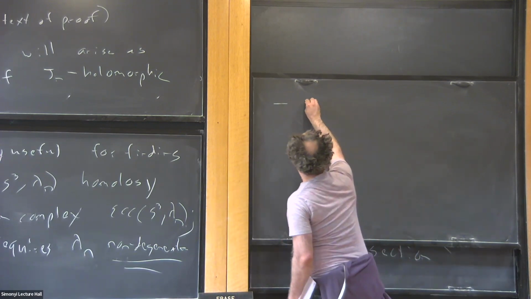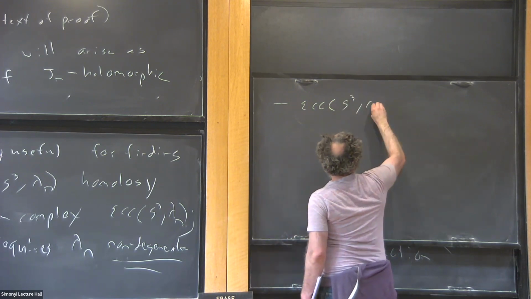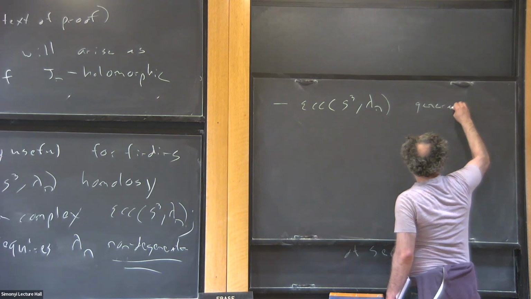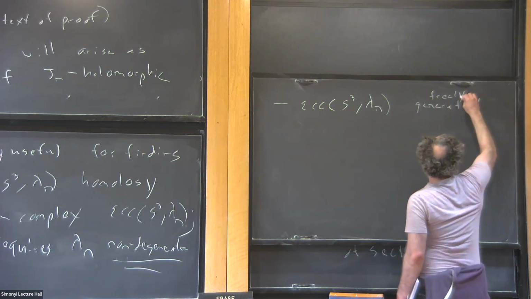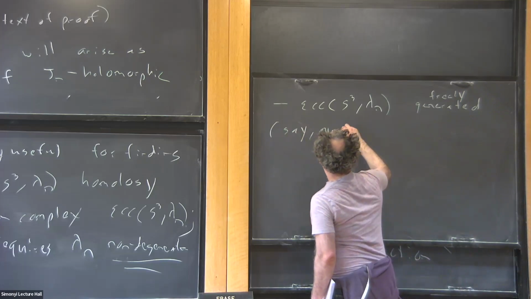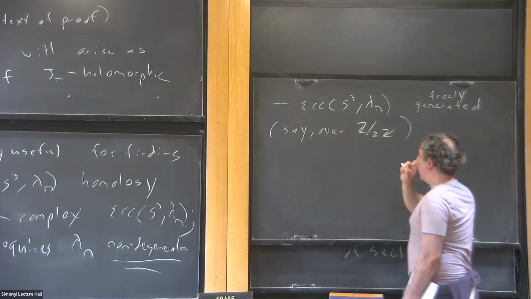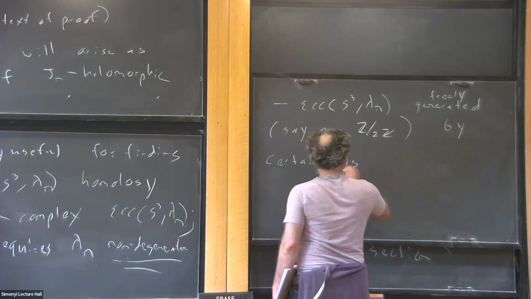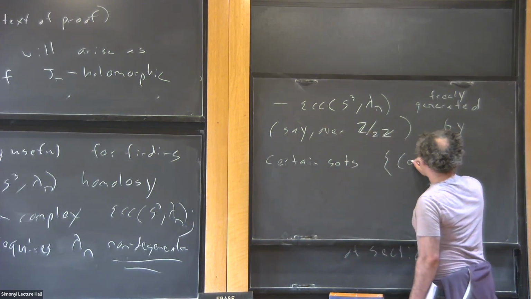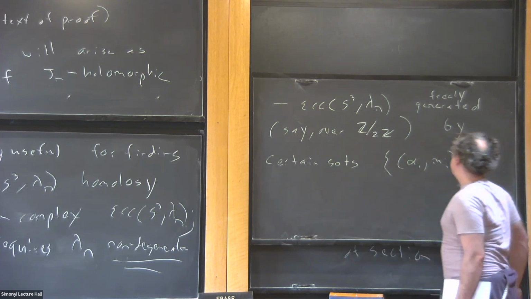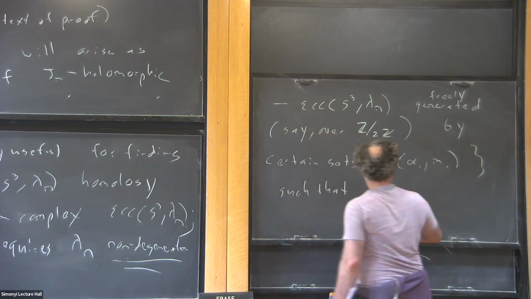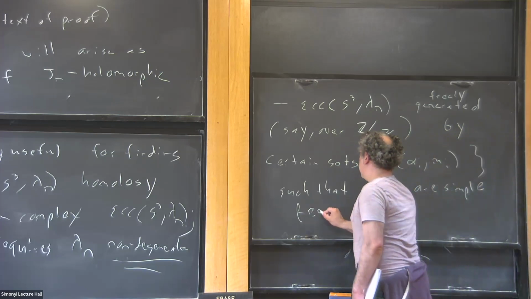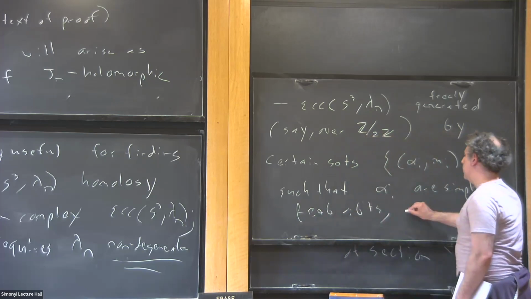So what is this ECC? It's freely generated, let's say over Z2, which suffices for our purposes, although you could also define it over Z, by certain sets alpha_i, m_i, such that the alpha_i are Reeb orbits and the m_i are positive integers.